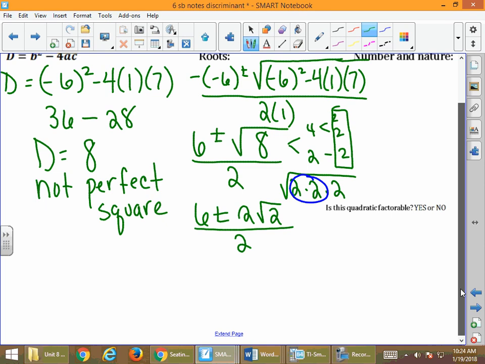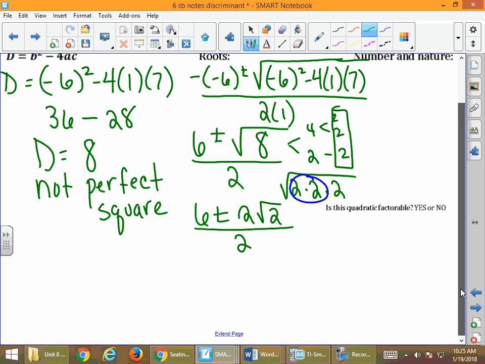Well, finally here, that is a good answer, but it's not the best answer. Because 6 is an even number. And the 2 in front of the square root is an even number. And the denominator, the bottom of the fraction, is an even number.